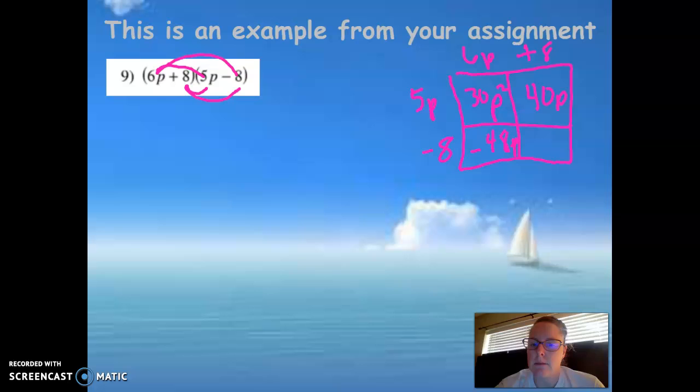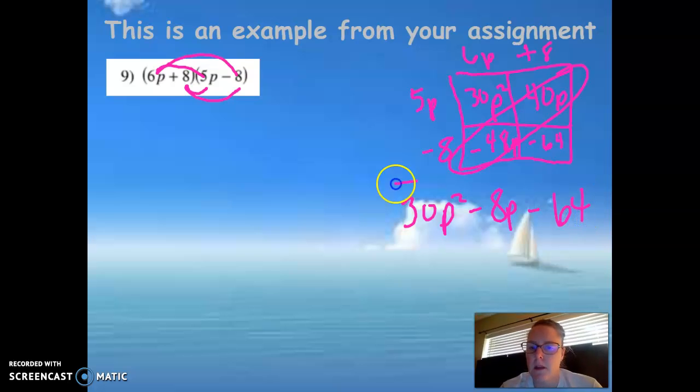And negative 8 times positive 8 is negative 64. I'm going to combine this middle section, and my final answer will give me 30p squared minus 8p minus 64.